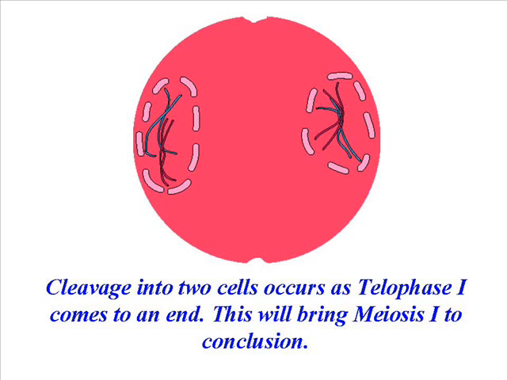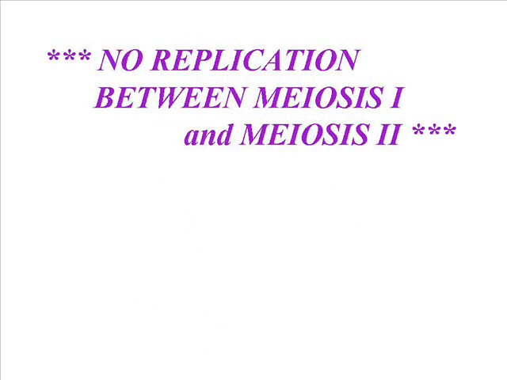So again, the cell will divide, and you'll have 2 cells, but these 2 cells will not be functional at this point. And once this happens, telophase 1 and, as a result of that, prophase 1 will draw to a close.